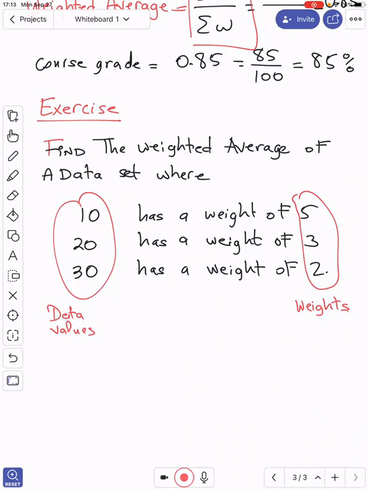With this exercise, we are done with this section 3.1. So next time we can start section 3.2. In this section, we have seen different types of averages: the mode, median, the mean, the trimmed mean, and finally this weighted average.